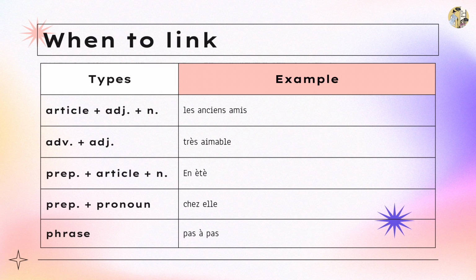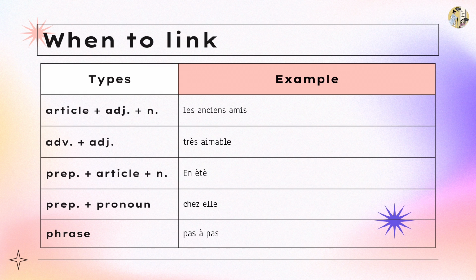Let's see another type of when to link the pronunciations. When you have an adverb and then an adjective, you should link the pronunciation. For example, it says here, very kind, très aimable. I link the pronunciations again. Third, when you have a preposition, an article, and then a noun, en été.